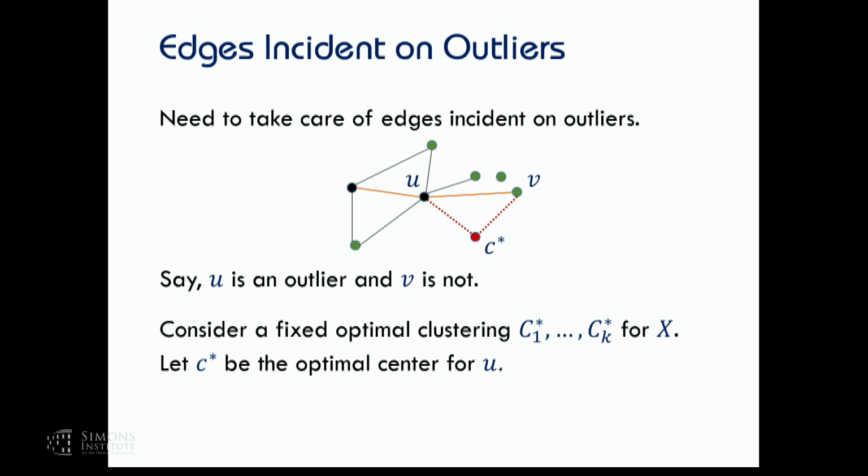So let's assume that U is an outlier and V is not. And let's consider a fixed optimal clustering of X, this clustering C1 star, etc., Ck star. And let C star be the optimal center for U in this clustering.